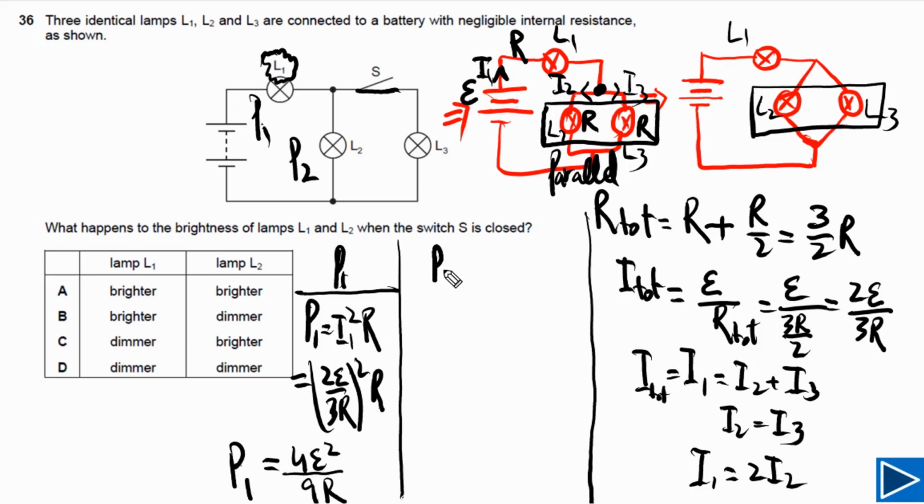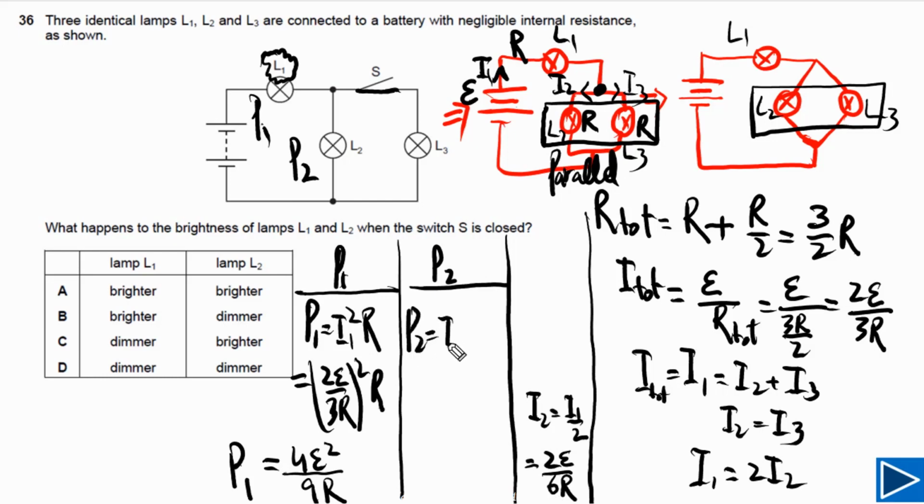Now let's try to calculate the value of P2, the power of lamp 2. We can calculate I2, which is equal to I1 by 2. So simply we can say I2 is equal to 2E divided by 6R. So this is the value of I2. Now we can calculate the value of P2.